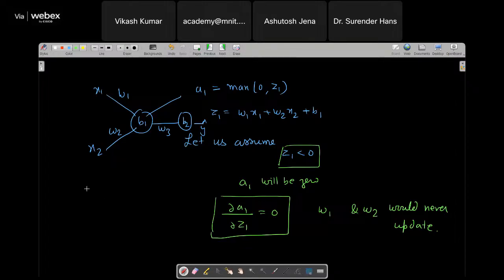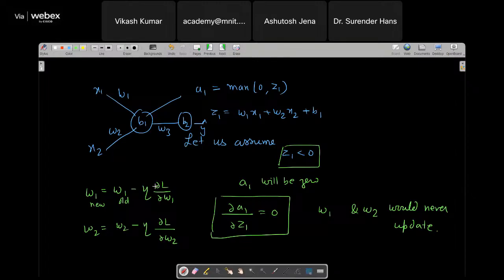Correct? So now W1 is W1 minus eta dou L by dou W1, and you can say W1 new is equal to W1 old. Okay, so W2 new is equal to W2 old minus eta dou L by dou W2.